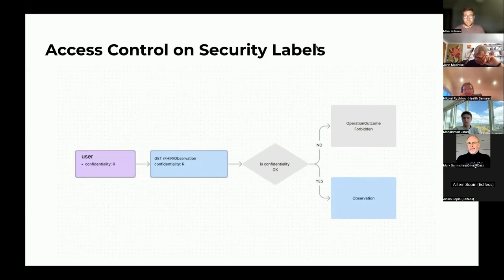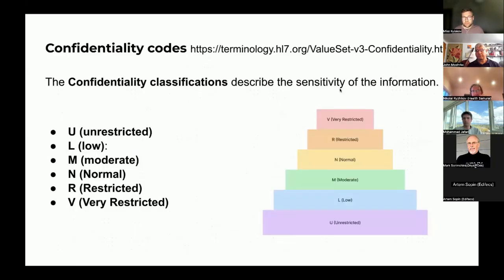If a user has enough access and is calling for a specific resource that has a specific classification, and the confidentiality or sensitivity level is okay, then we provide the user access to the resource. But if not, for example if the user doesn't have enough access rights, we simply say no, it's not possible for you. Quite easy and understandable.